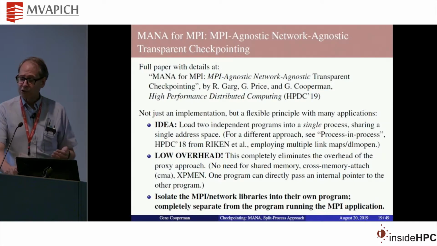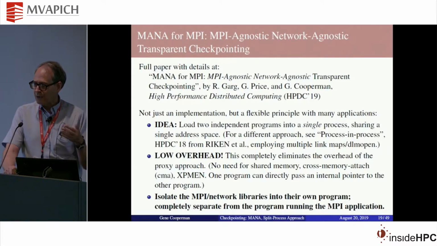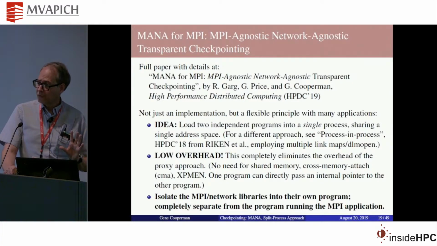So we refer to them as an upper half program and a lower half program. And we will try to internally tag all of memory so that we know for each memory region, either it's part of that upper half application program or the lower half program for driving MPI and the network.